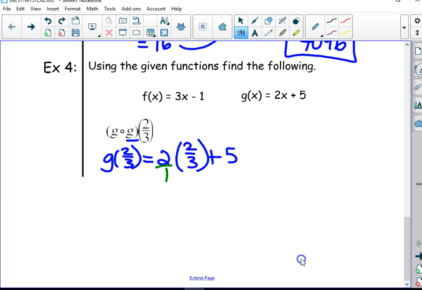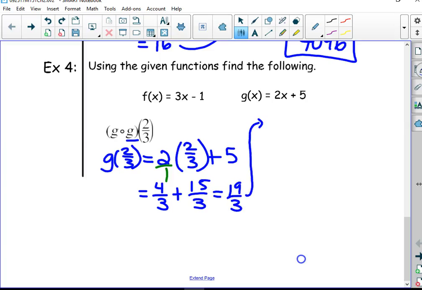And help me do my multiplication correctly. It looks like I get 4/3. And 5 in thirds, 5 times 3 is 15. So out of g of 2/3, it looks like I get 19/3.